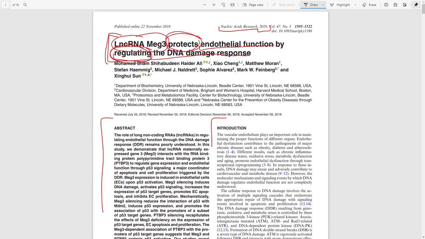So what else you could write here to make it more passive? You could write something like long non-coding RNA MEC3 in the DNA response as the protection for endothelial function. Okay, so this is very passive, and it actually does not tell you much about the article itself.